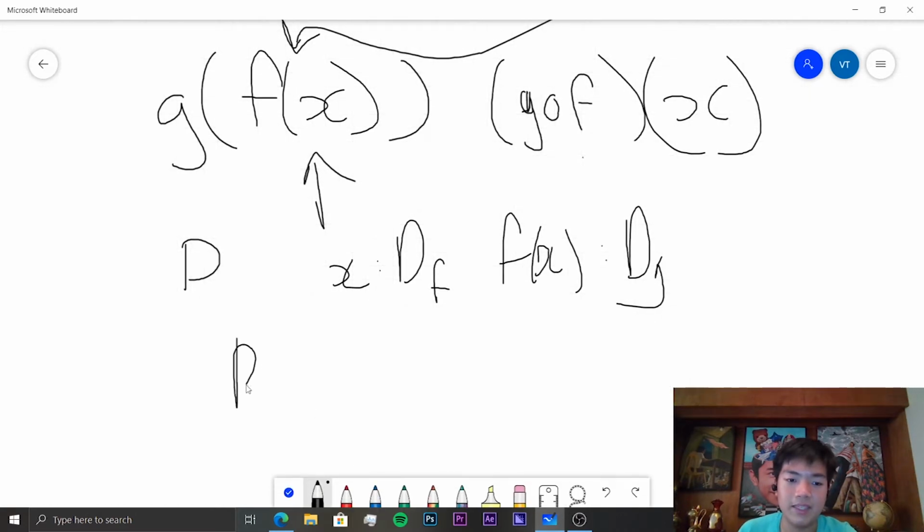And the range will be a subset of the range of g, actually.